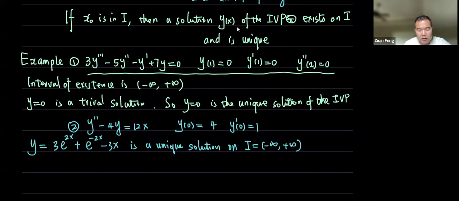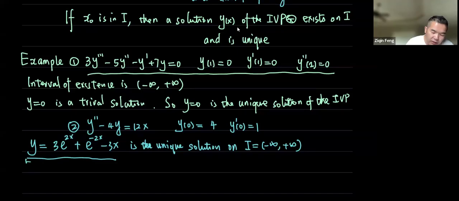So by our existence and uniqueness result, after we verify this is a solution, we can conclude this is the unique solution of the initial value problem over the interval from negative infinity to positive infinity.